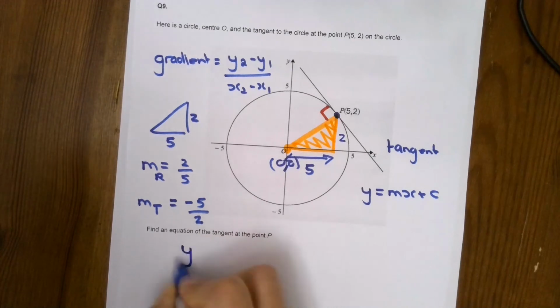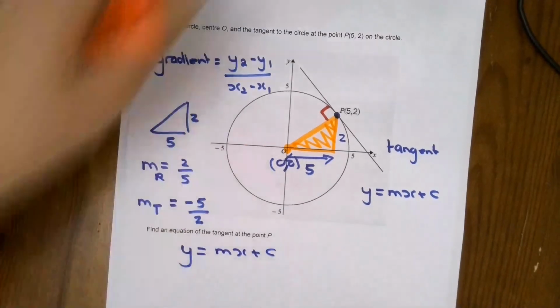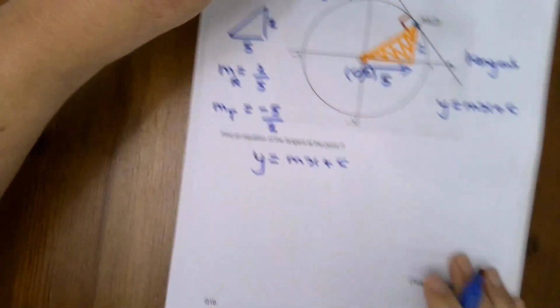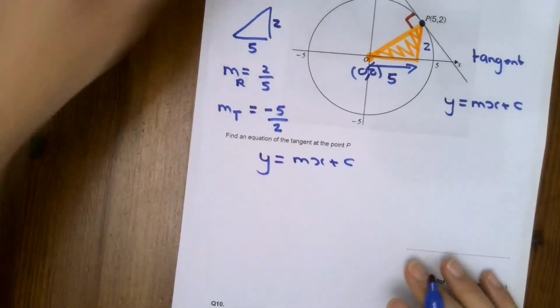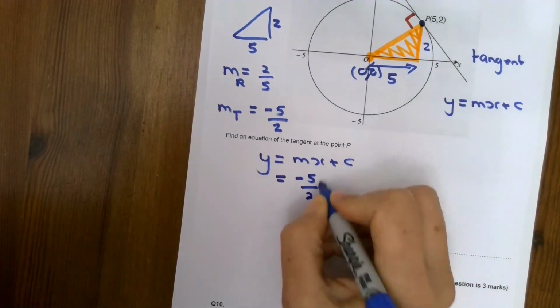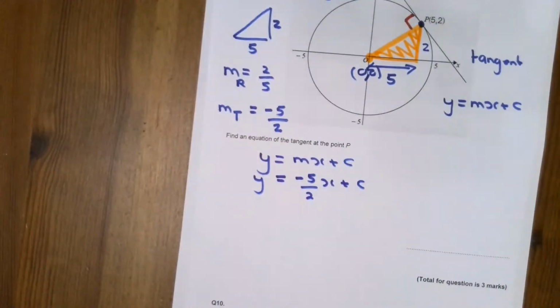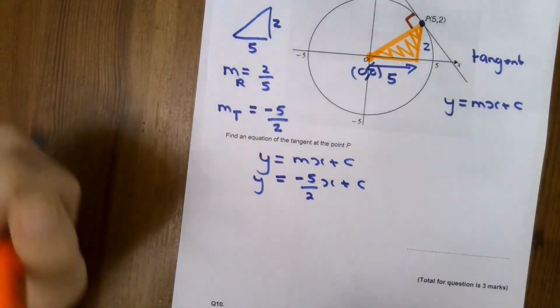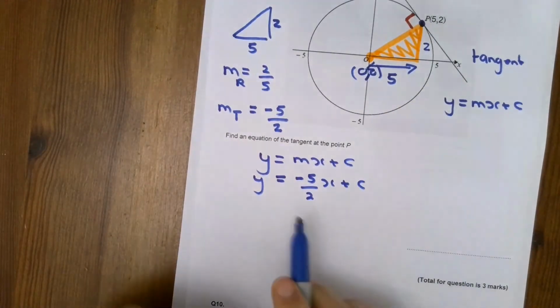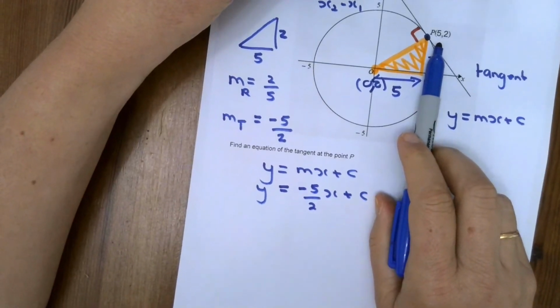So let's look at the equation now of my tangent. So I know that my gradient is minus 5 over 2. And what I want to do now is find c, the y-intercept. Well, I know that my tangent goes through the point (5, 2).